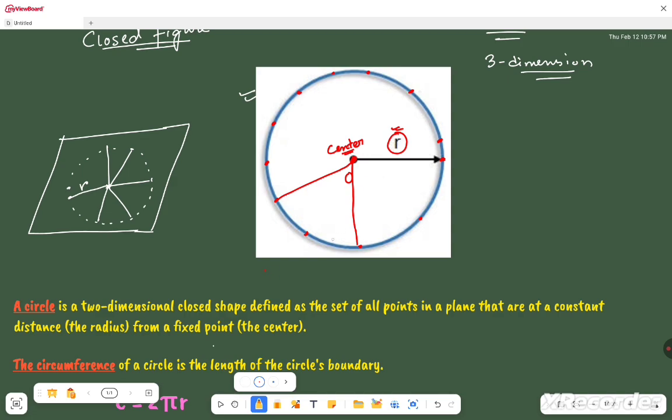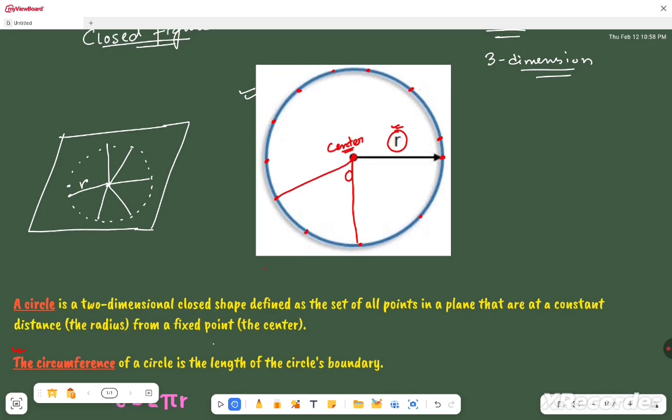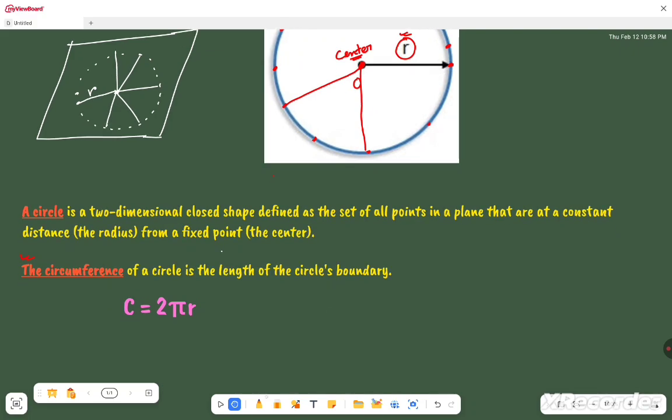In this class we will deal only with the circumference of the circle, and we will solve various problems on it. So what is the circumference of a circle?